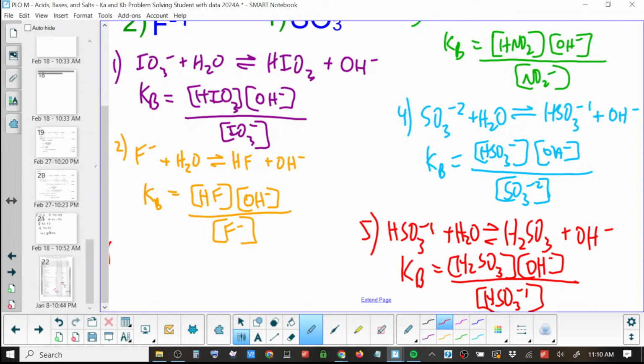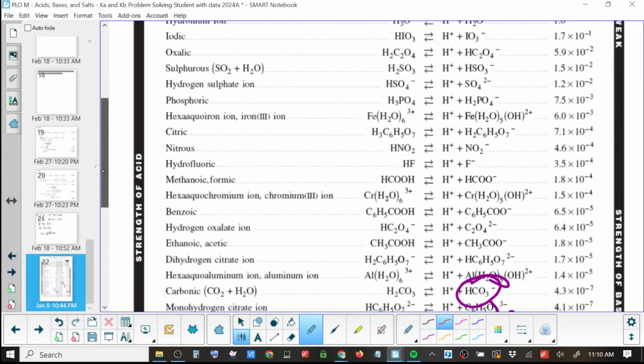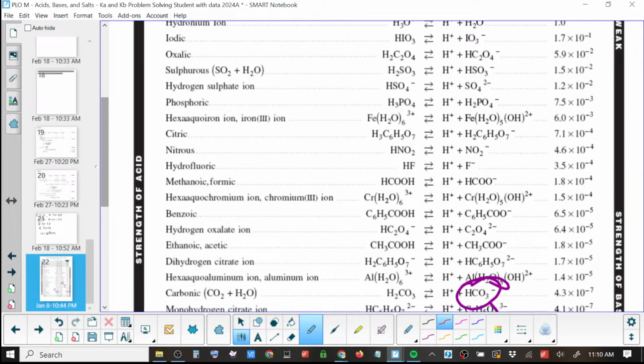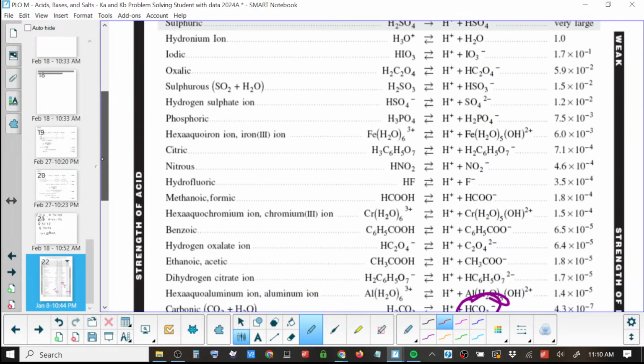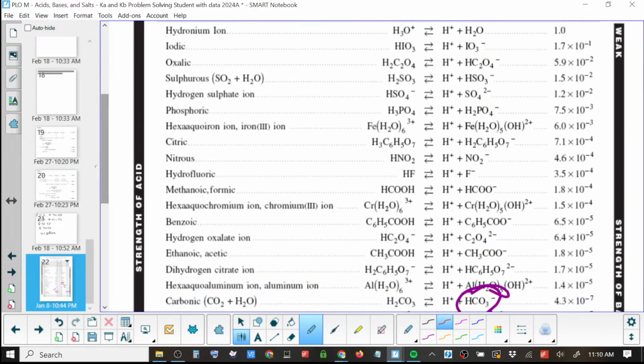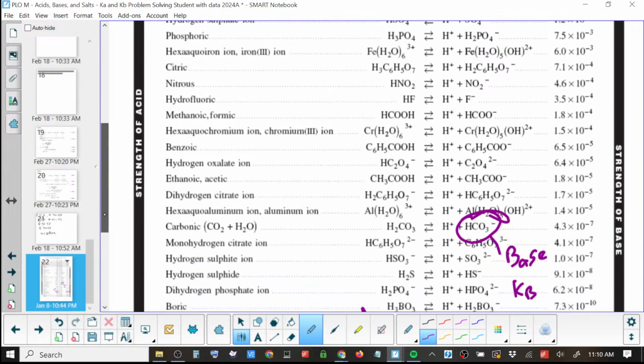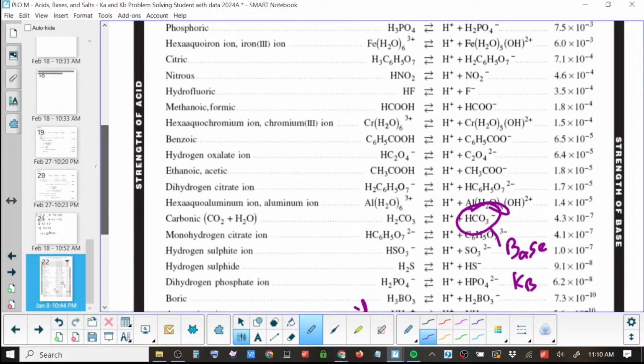So why don't we do that while some people are writing down? Where's HSO3 minus? Higher up than H2O. You can give me the number on the side. It's 1 times 10 to the negative 7.